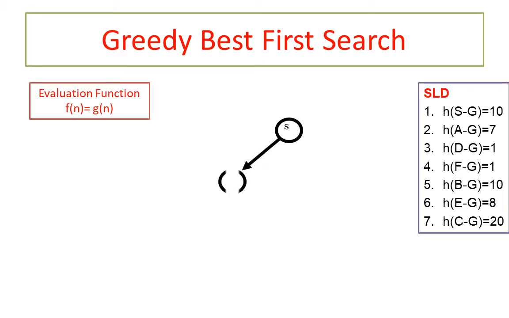So we are creating three child nodes and calculating the evaluation function of A. The evaluation function of A is 7, because the straight line distance of A to G is 7. So f of n is equal to 7. The next child is B, and here f of n is equal to 10. Similarly for C, f of n is equal to 20. We have taken these from the straight line distance.